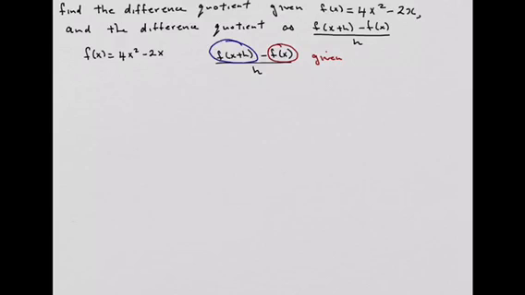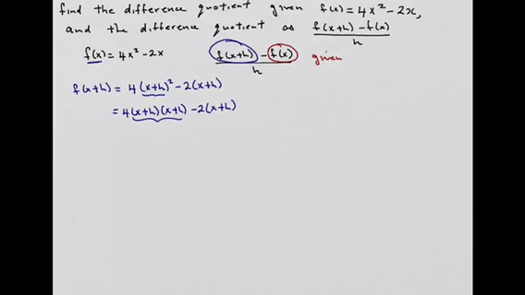So if we're given f of x here, then f of x plus h is equal to 4 parentheses x plus h squared minus 2 times x plus h. If we expand this, it will give us 4 parentheses x plus h times x plus h minus 2 parentheses x plus h.